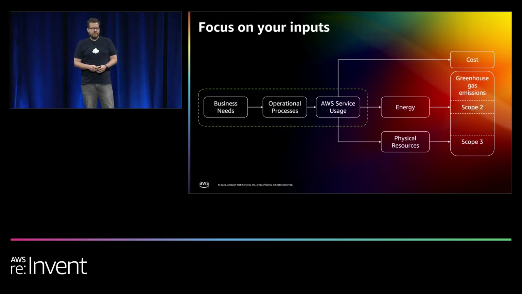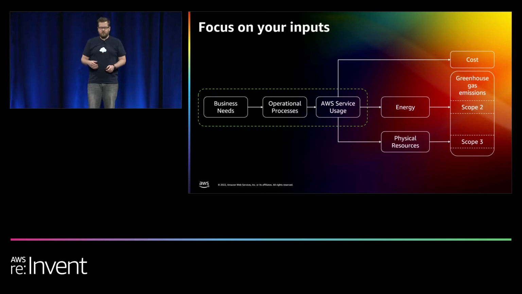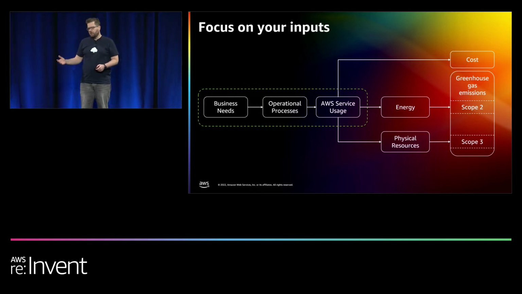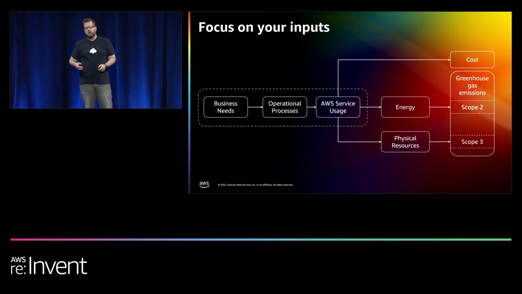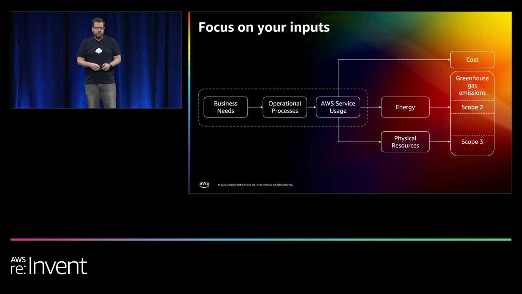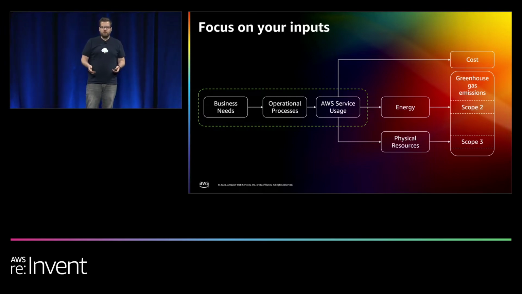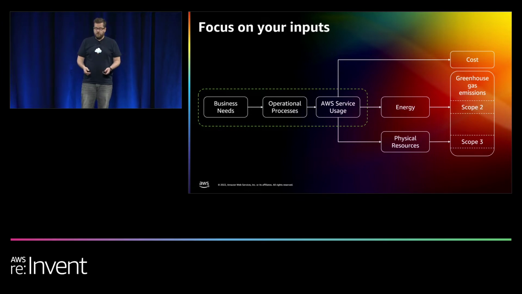And we can extend the picture even more and also create a mental map which we will use during this talk from left to right. The services are used by operational processes. And these processes are run to fulfill business needs.